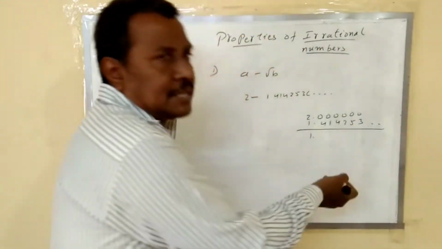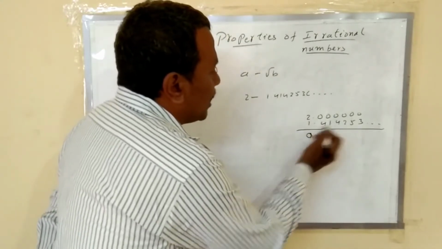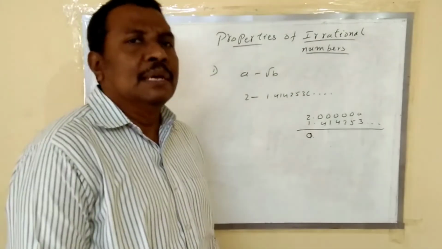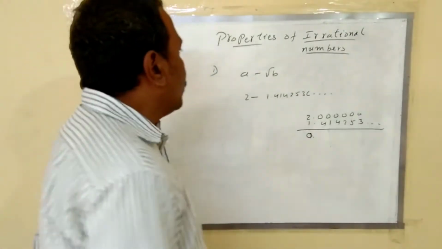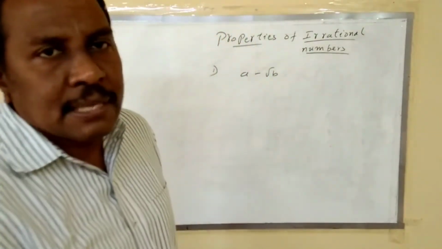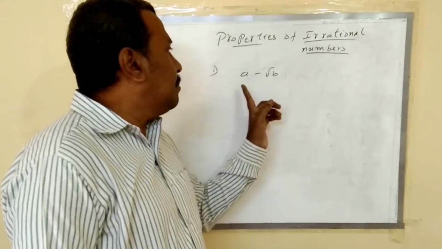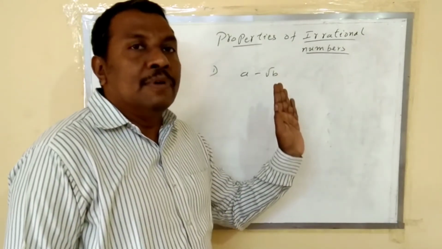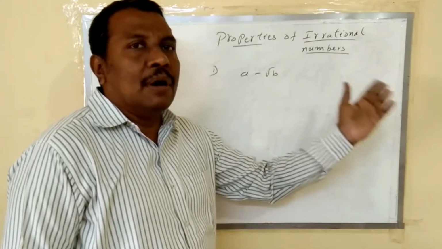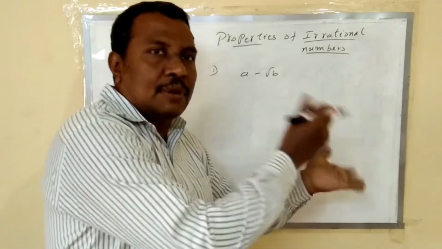Again you will get 0 point something, a non-terminating, non-repeating decimal, which is an irrational number. So finally, what do you understand? The sum or difference of a rational number and an irrational number, or of two or more irrational numbers and a rational number, is always an irrational number.